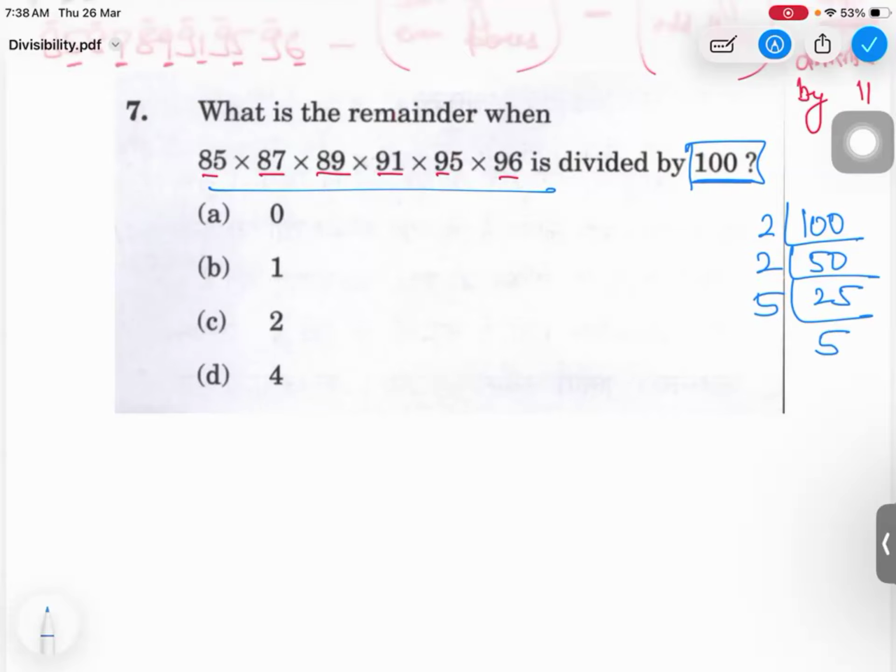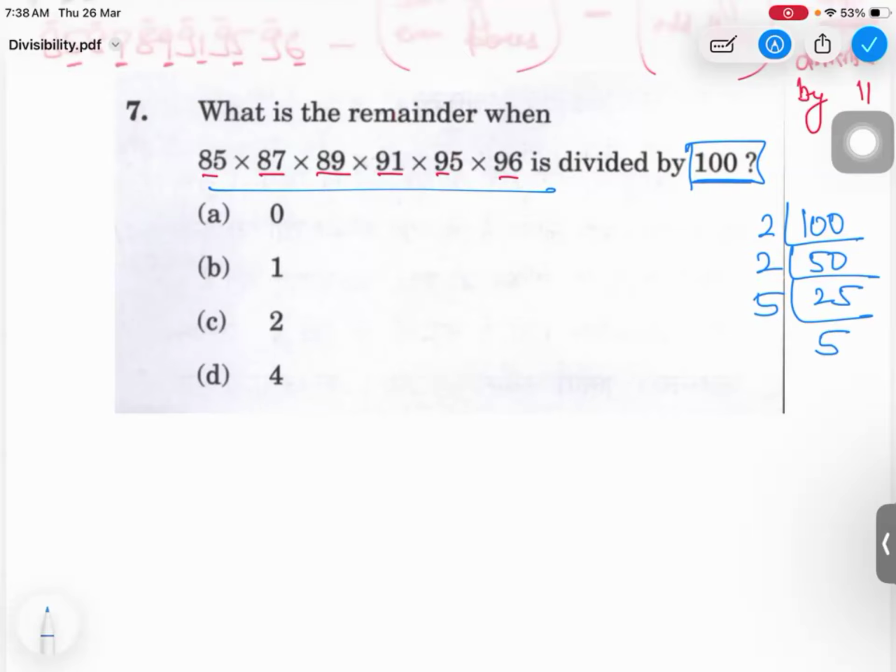Yes. Can this 5 divide the other 85? Yes. All right. Then tell me, can this 2 divide 96? Yes. And I cannot find any other even number.